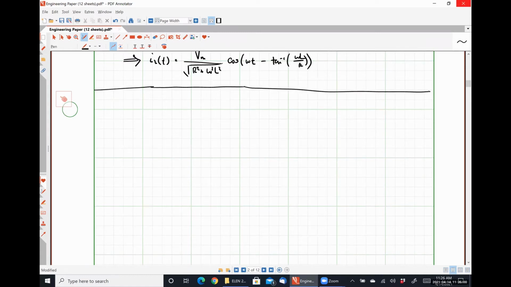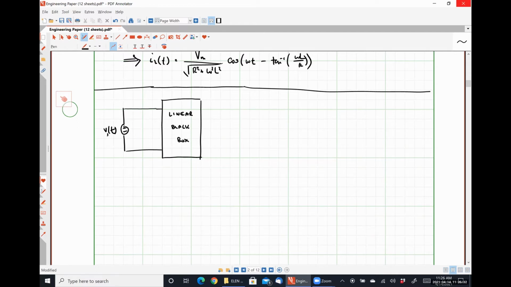So let's talk about things just real quick. Let's say that I have a linear black box circuit. And I apply to it some signal. I'm going to call it V1 of t.